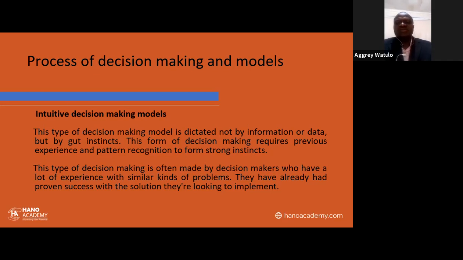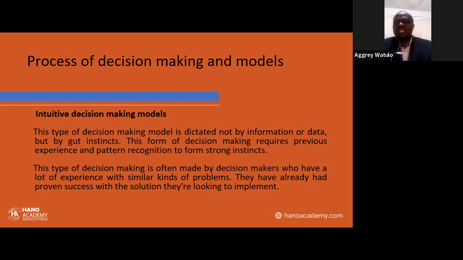So the model is made for individuals who have a lot of experience with similar kinds of problems. People with a lot of experience with the problem use this model to solve problems. They have already had proven success with the solution they're looking to implement. So the model talks about those experienced people.